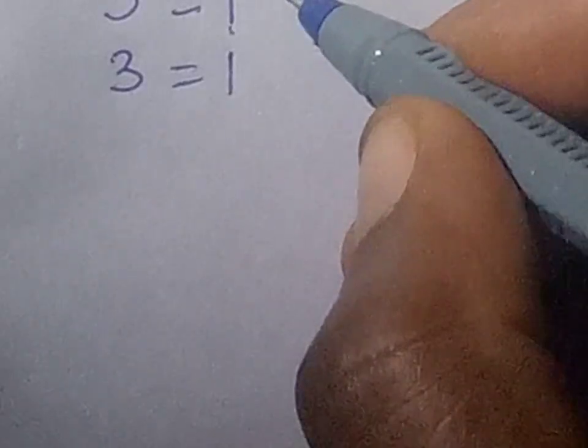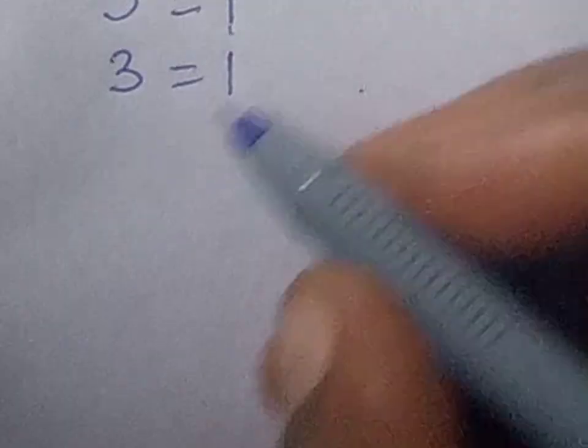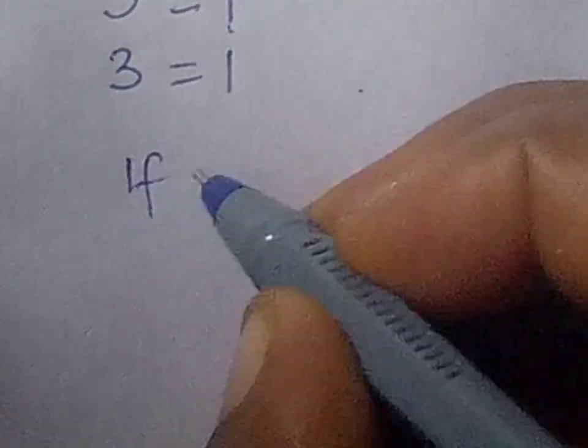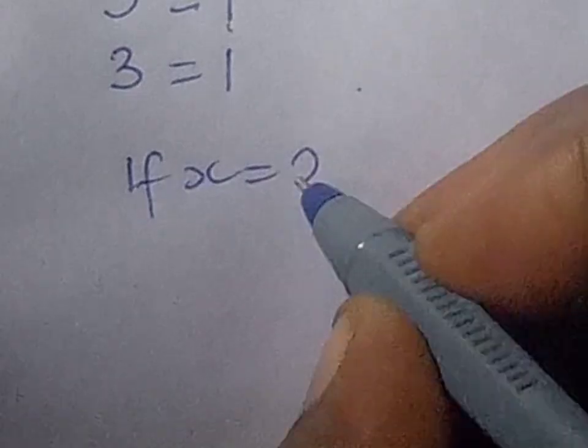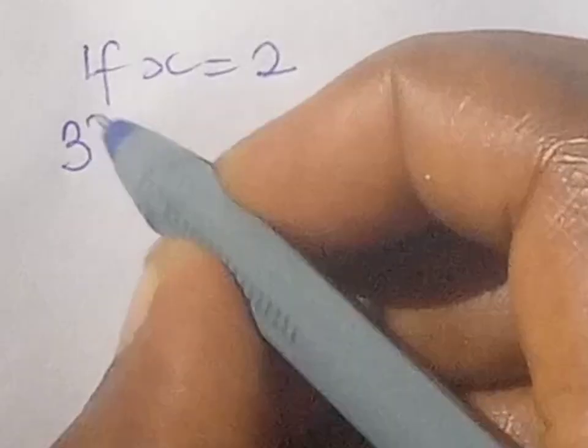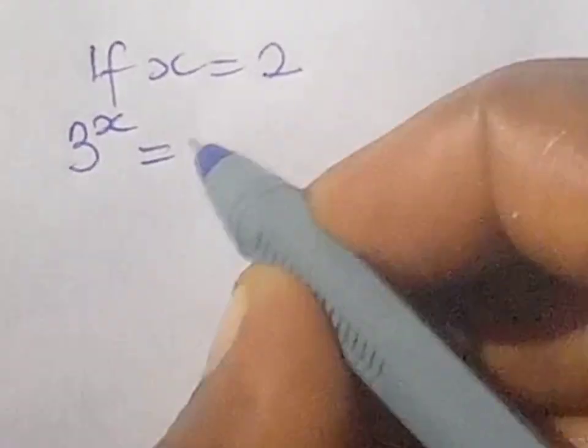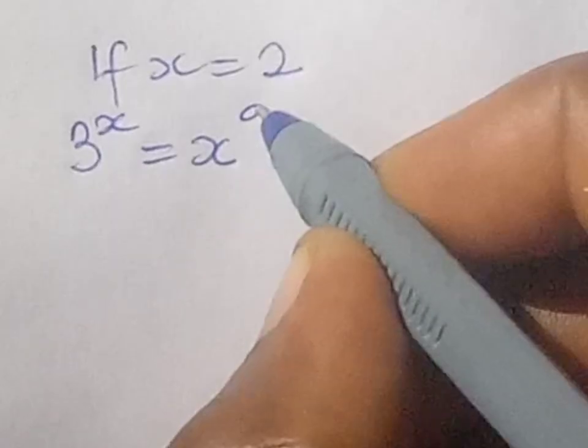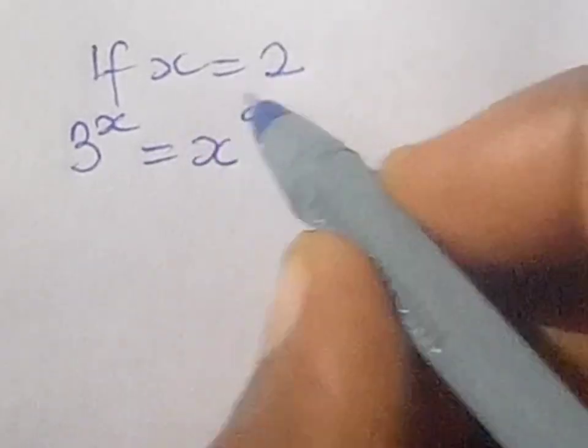Now let's try if x equals 2. If x equals 2, our equation again, 3 raised to the power of x equals x raised to the power of 9, where x equals 2.